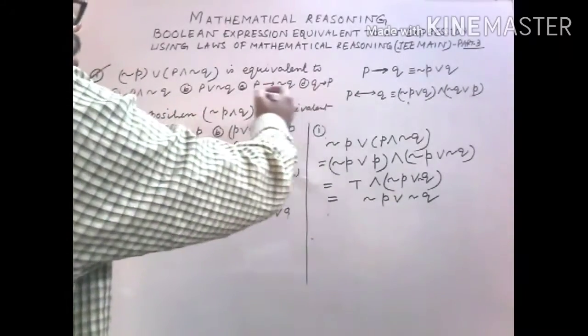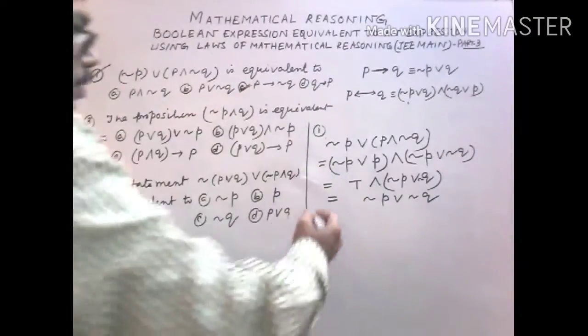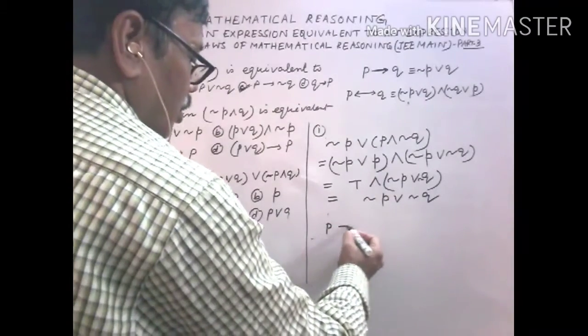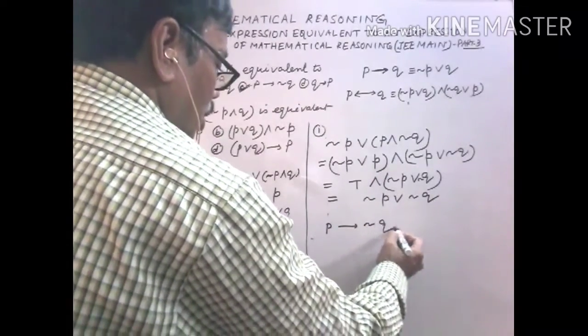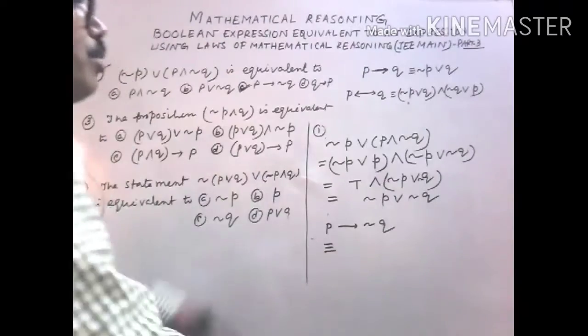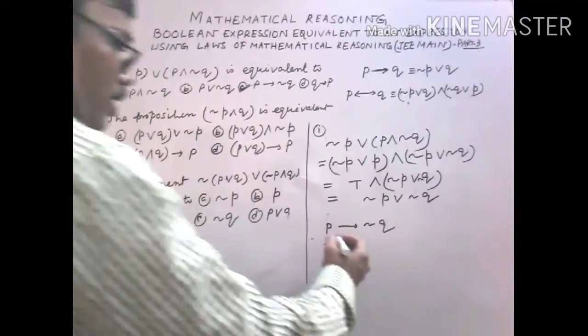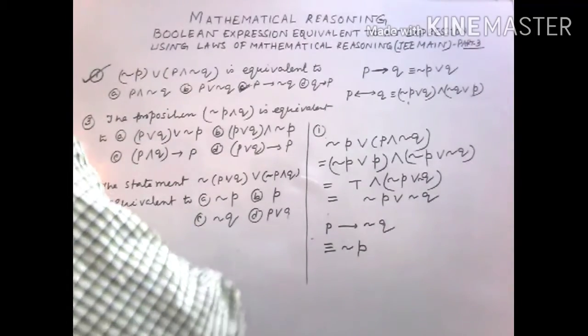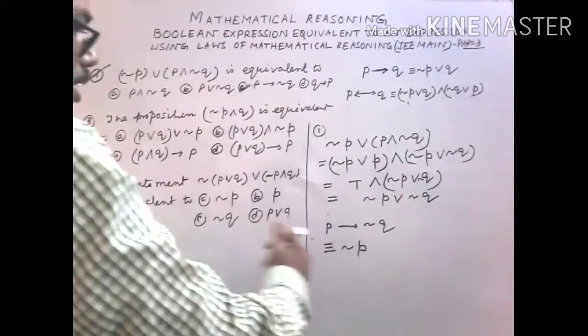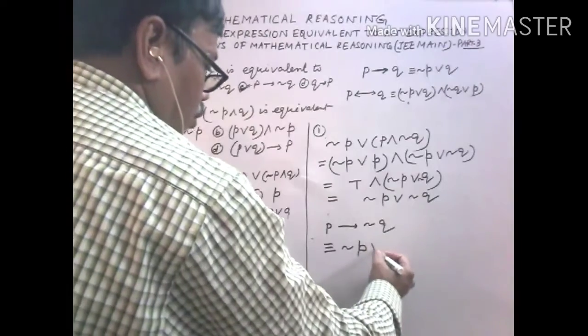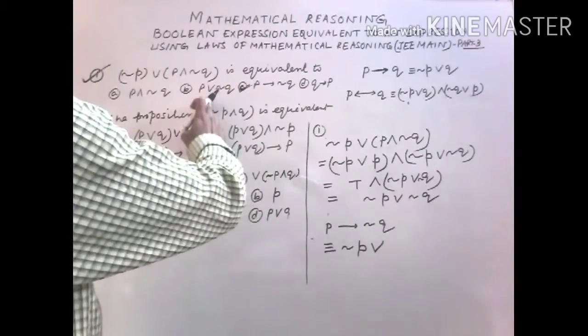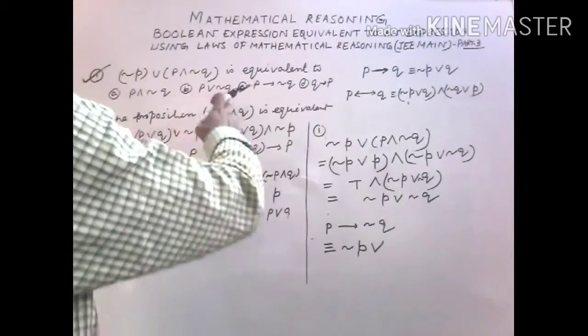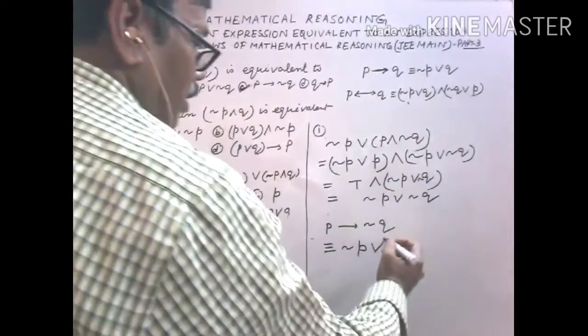So two are left. Now this is equivalent to: negation of the first one union the second one.